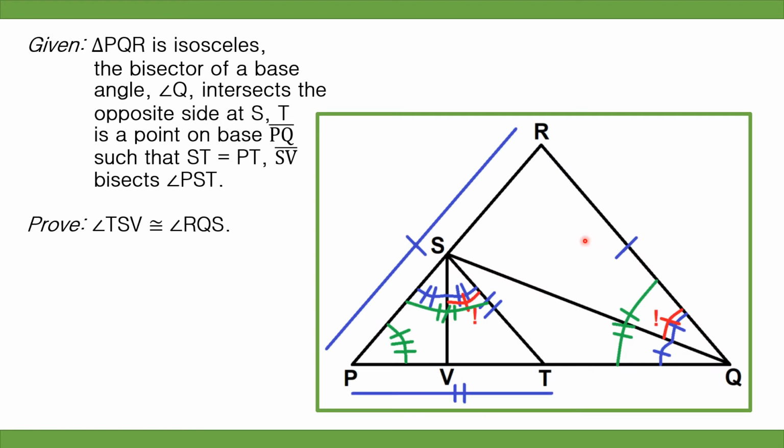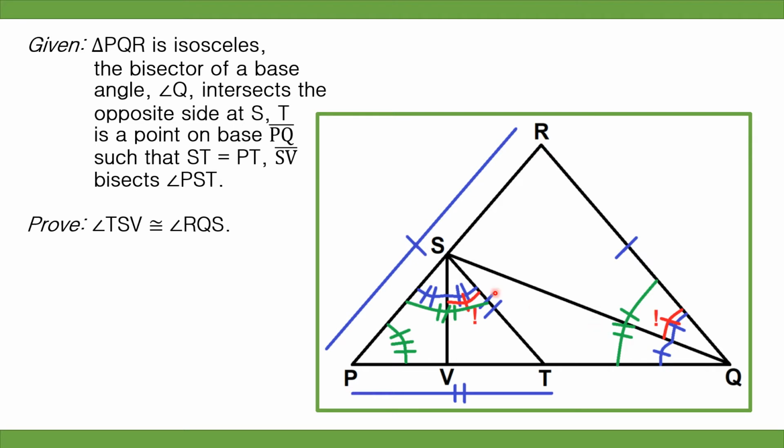Now, let's go back to the isosceles triangle theorem. Notice that these two sides of the isosceles triangle are congruent, and usually the consequence of that is that angle RQP is congruent to angle RPQ.